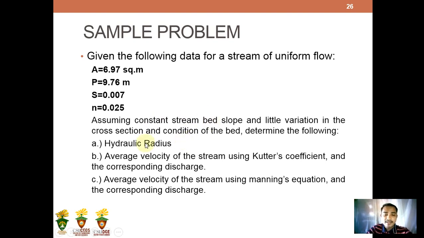First is the hydraulic radius. Letter B is the average velocity of the stream using Kutter's coefficient and the corresponding discharge using that coefficient, and then the average velocity of the stream using Manning's equation or Manning's coefficient, and the corresponding discharge of that method.